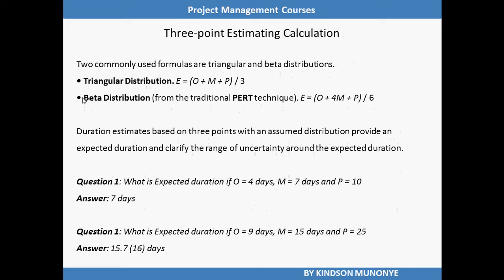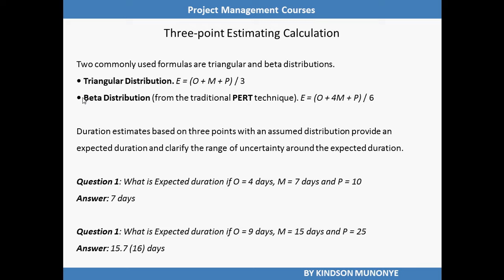Beta distribution, also called PERT technique, has a slightly different formula that says the estimate should be O, that is the optimistic estimate, plus 4 times the most likely estimate plus the pessimistic estimate, divided by 6.